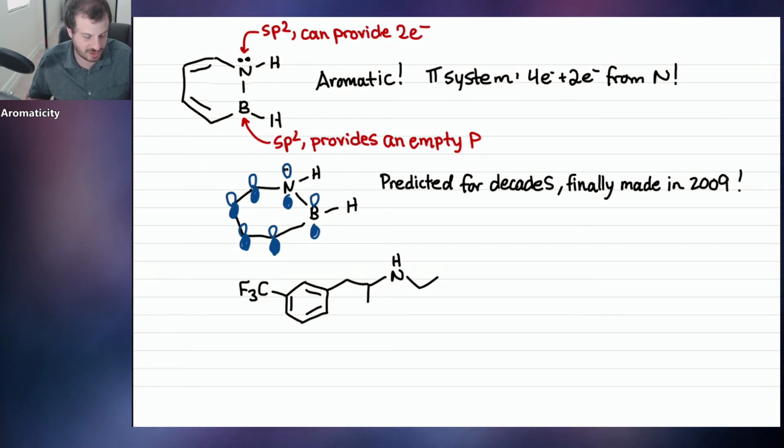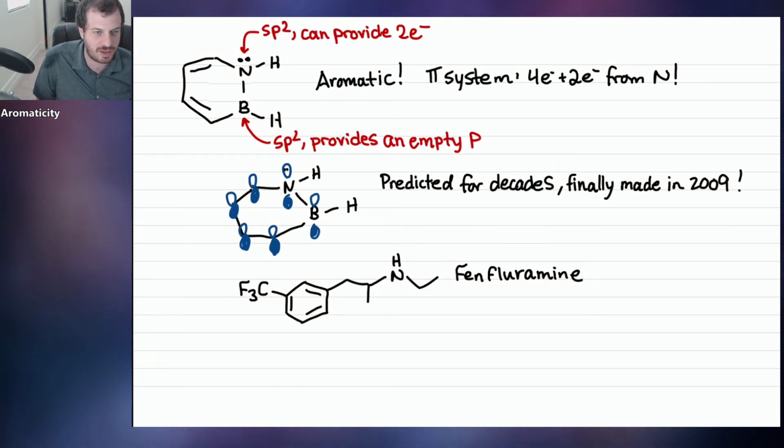This is a compound called fenfluramine. And fenfluramine is a performance-enhancing drug. It's like speed. It's common among athletes, cyclists, Olympic gold medalists that probably shouldn't be Olympic gold medalists.